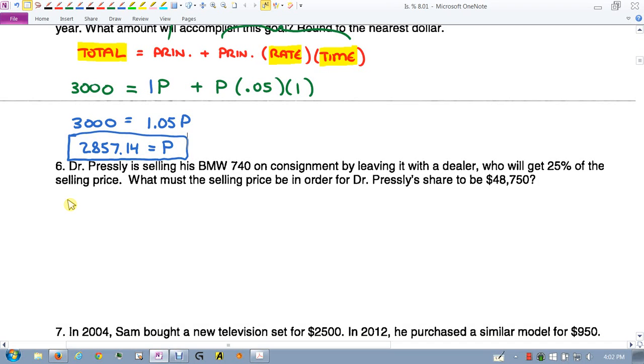So I've never even heard of this before. I guess people do this. You take a car into a dealer, you say, hey, go sell this for me. You get to keep 25% of the sale price. Yeah, but I don't know how many dealerships will just buy your car outright.